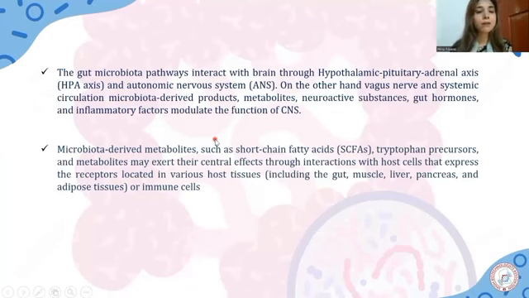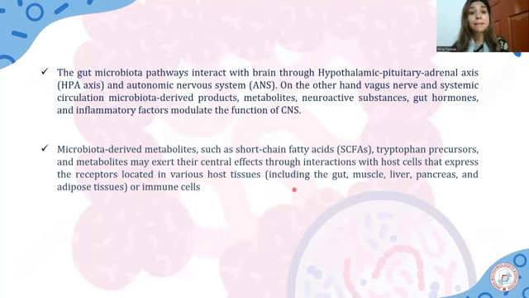In this slide, I have mentioned some important points related to the gut-brain axis. As I have mentioned, it is bidirectional, and different products like microbiota-derived products, metabolites, neuroactive substances, or inflammatory factors all send signals back to the brain in order to modulate the function of your central nervous system. What are these microbiota-derived metabolites? These are, for example, short-chain fatty acids or tryptophan precursors.